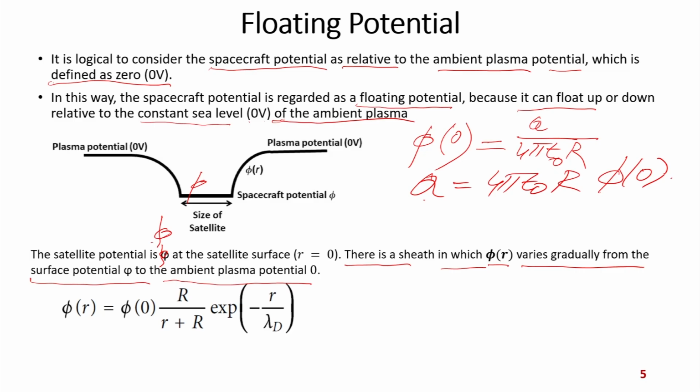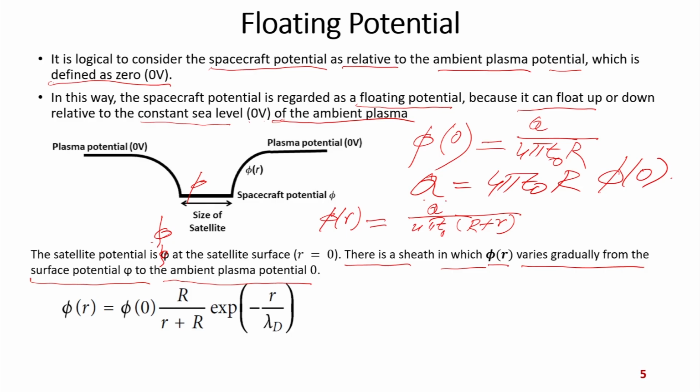Now, at some distance r, the potential will be given by phi at r, at any r, it will be q by 4 pi epsilon 0, then capital R plus r, where r I am considering from the surface of the spacecraft.